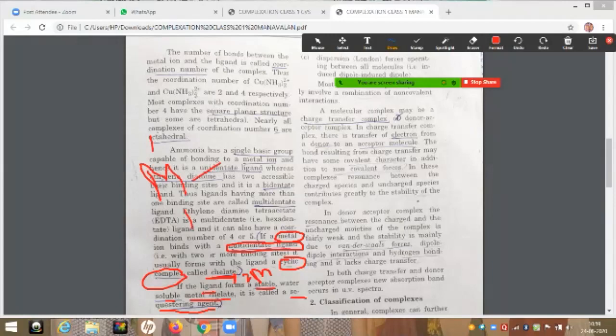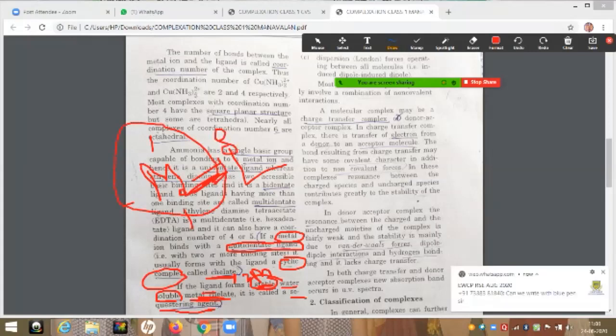This ligand will interact with the metal ion forming a coordinate bond, resulting in the formation of a cyclic complex, that is chelate, which is water soluble as well as stable.